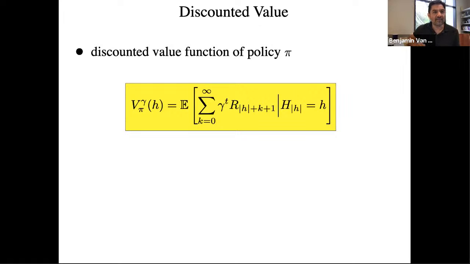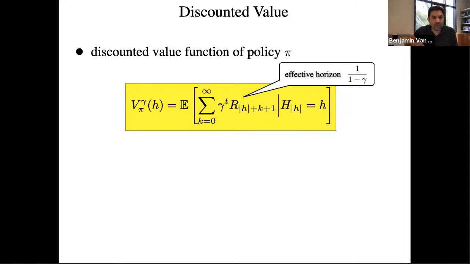Clearly the discounted sum of reward is going to be a function of the history. One thing to note here is that gamma effectively defines a horizon of interest over which we want to attend to future rewards. You can think of the effective horizon of interest as 1 over 1 minus gamma.